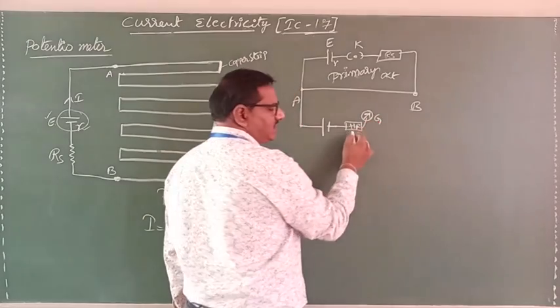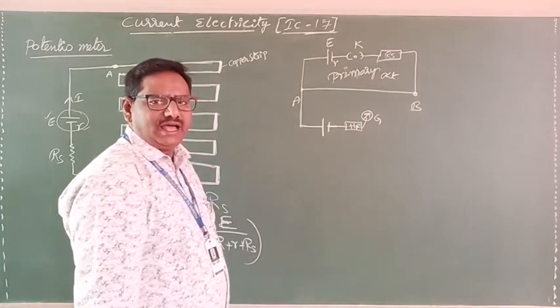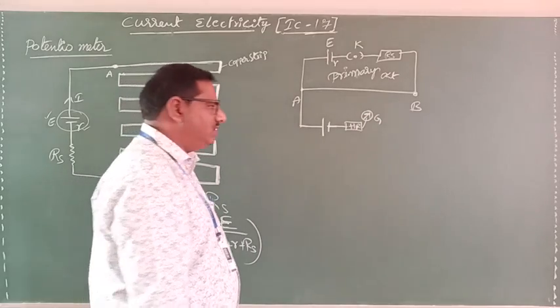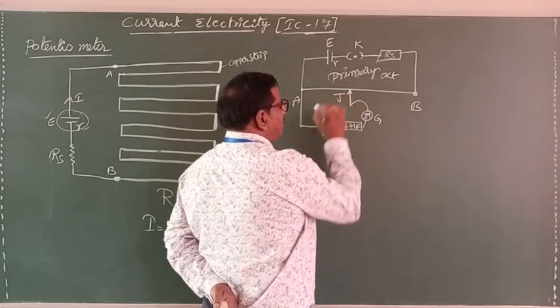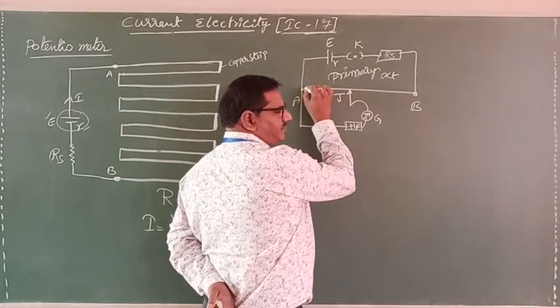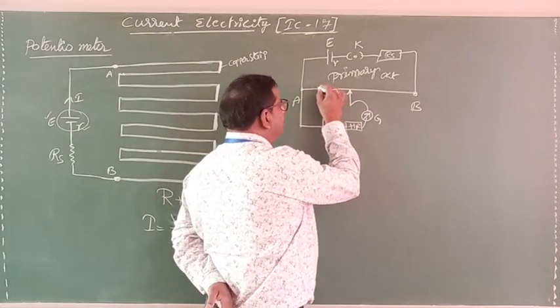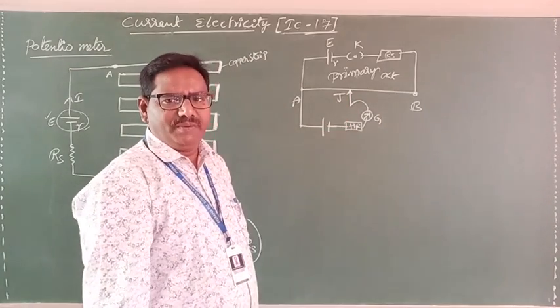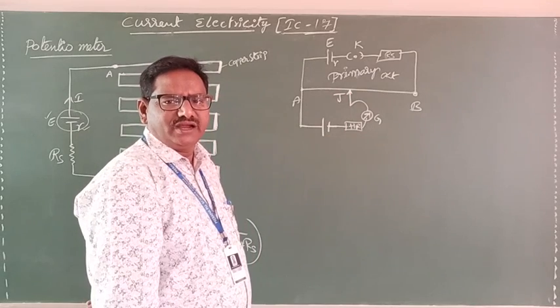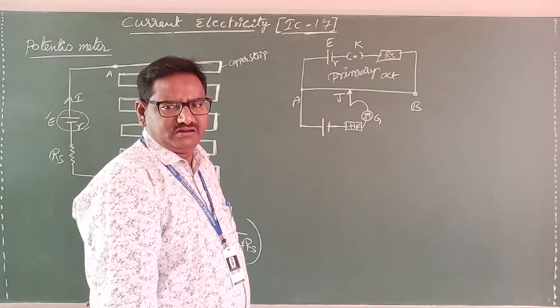To protect this galvanometer, we use a high resistance box, and with the help of a jockey. Now this jockey is placed from point A, touching point-wise. Why? Because the jockey should not be dragged along the wire.